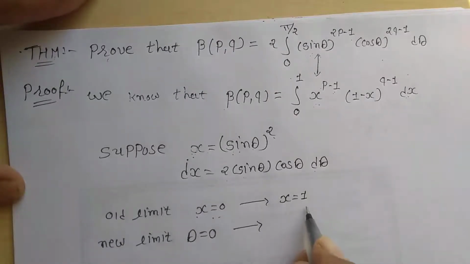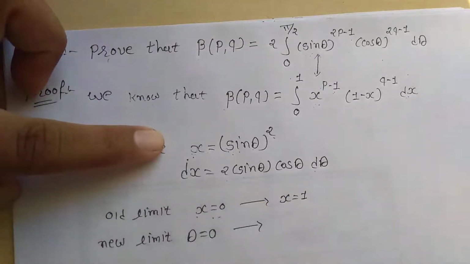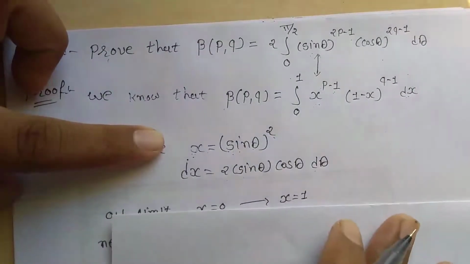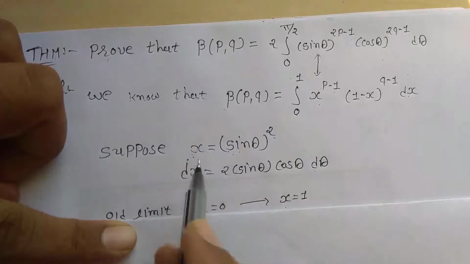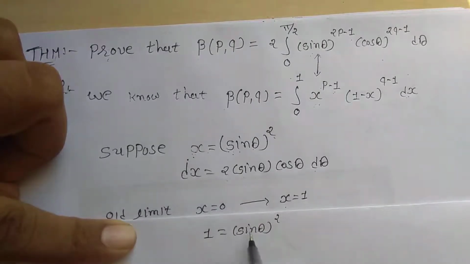Put x equal to 1 in our supposition. Therefore x is 1, and it is 1 equal to sin theta square. Take square root on both sides.